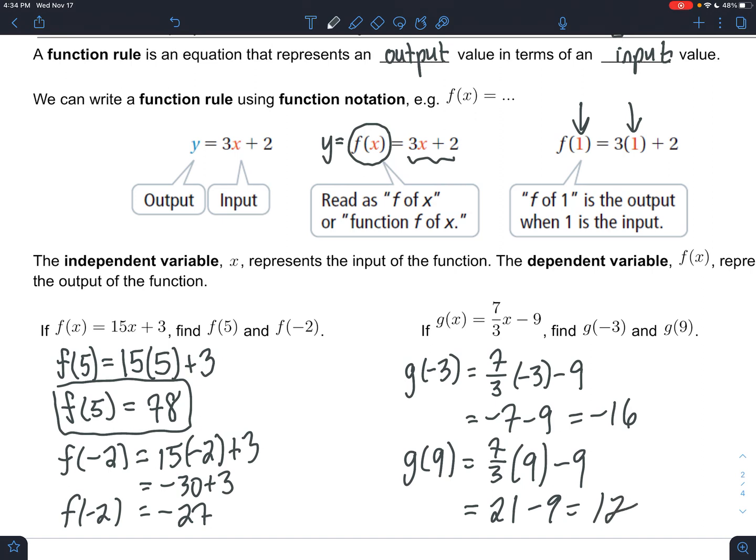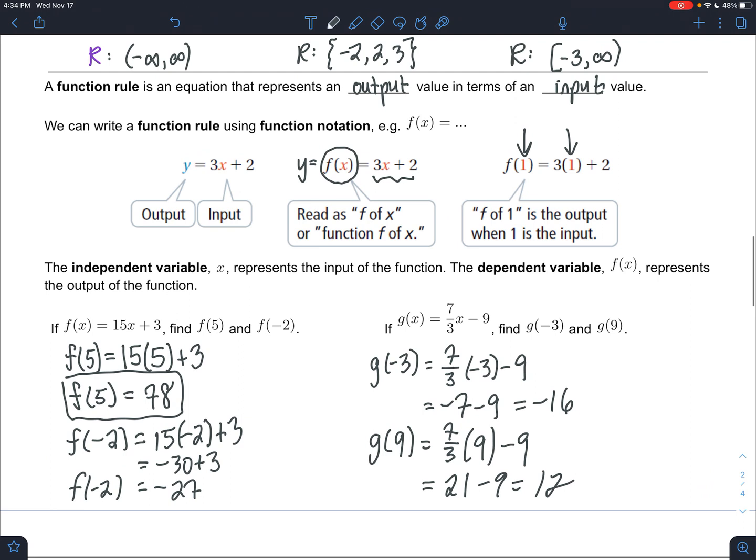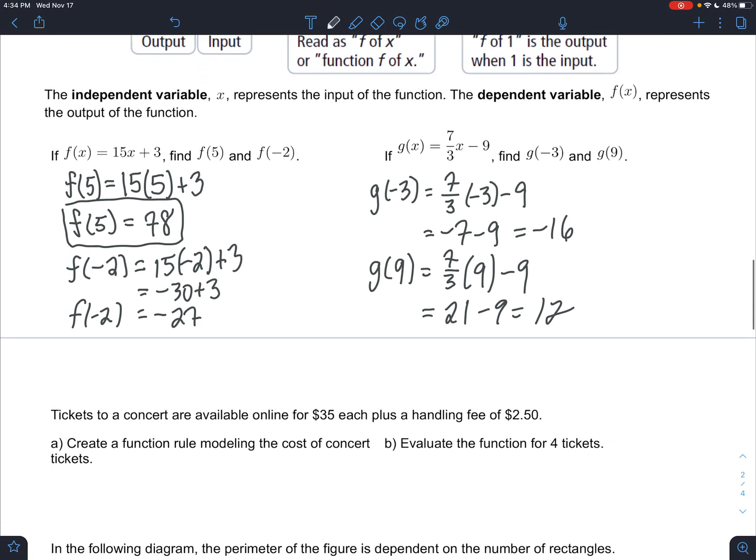However you slice it, this is what you get. In science, you talk about independent and dependent variables. Well, the independent variable is x, the input. We choose the input, but then the dependent variable is what depends on what x was.